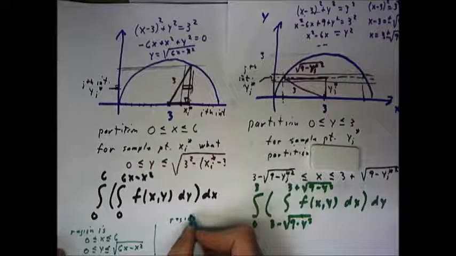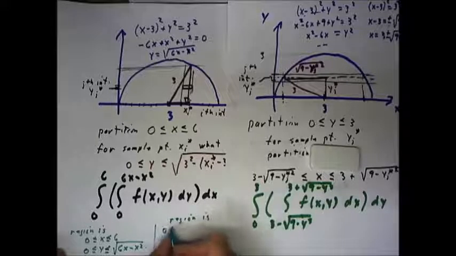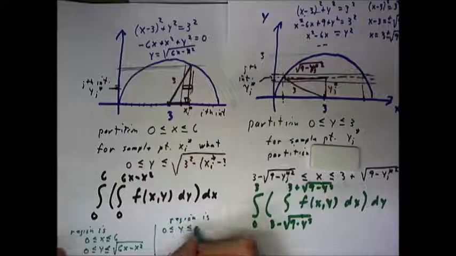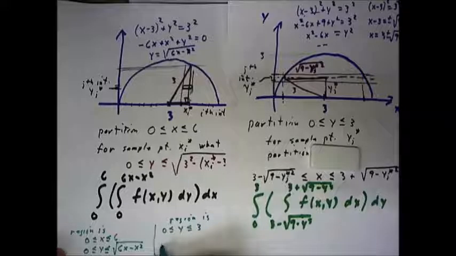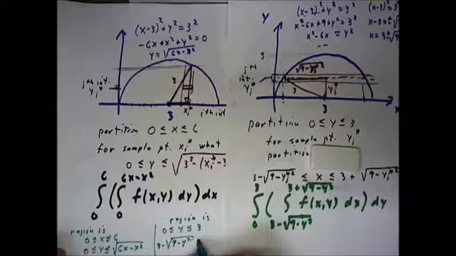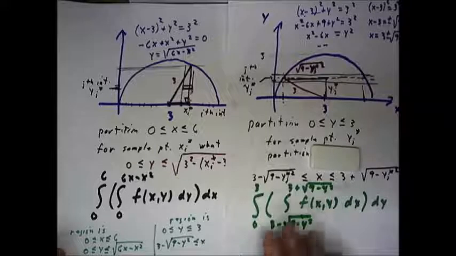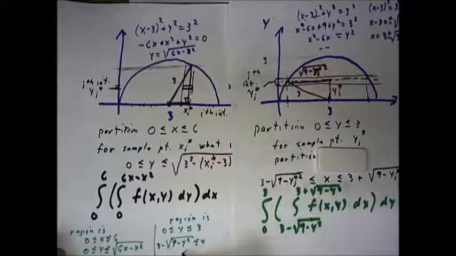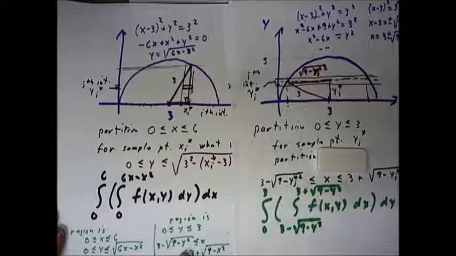Alternatively, the region is 0 less than or equal to y less than or equal to 3, and 3 minus the square root of 9 minus y squared less than or equal to x less than or equal to 3 plus the square root of 9 minus y squared.